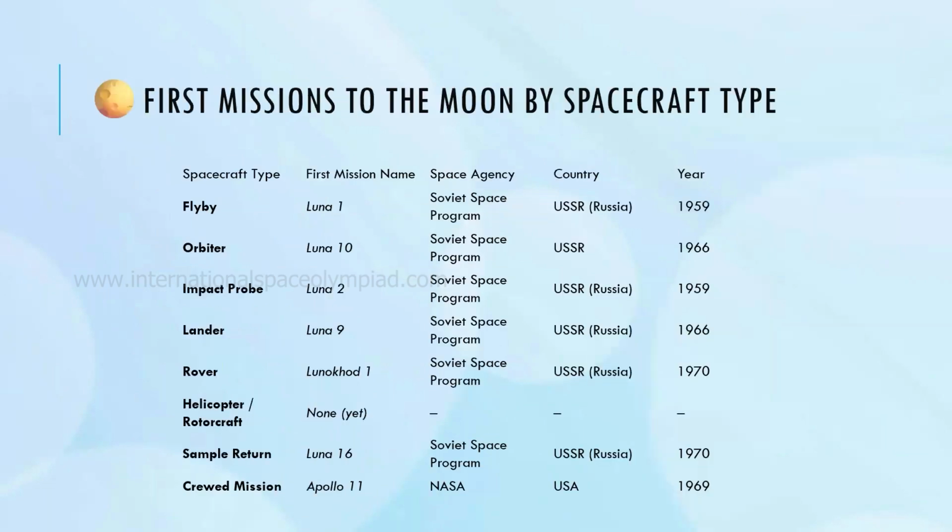Now these are the brief first missions. First missions to the Moon by spacecraft type: flyby, orbiter, impact probe, lander, rover, helicopter. None yet for the helicopter because it's impossible. Then sample return, crewed mission. These are all the first ones, and you can see an interesting thing.